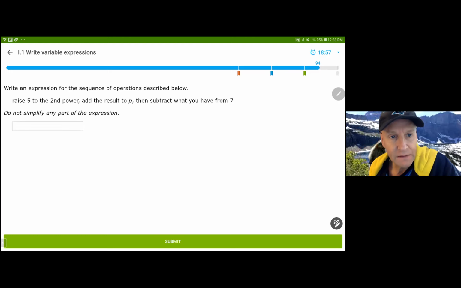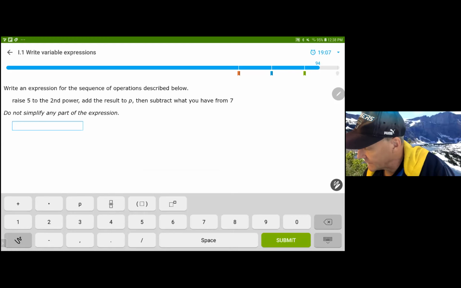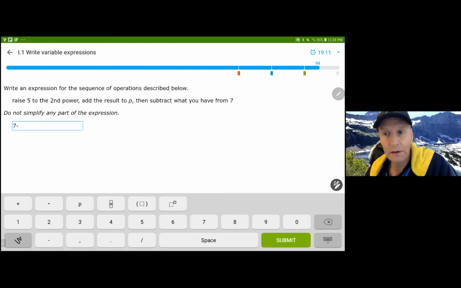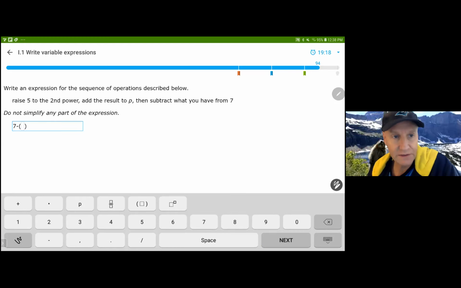Raise 5 to the second power, add the result to P, then subtract what you have from 7. So all of this is being subtracted from 7. Because subtraction is such a low level on order of operations, everything else has to be in parentheses because you have to do all the other stuff first and then subtract it all from 7.